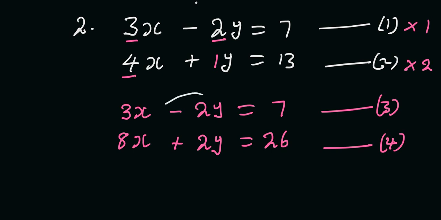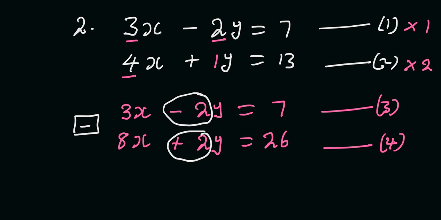But consider the sign of 2 in equation 3 and the sign of 2 in equation 4. So what sign are we going to place at this point such that both of them will be 0? If we place a negative sign here, negative 2y, negative plus 2y, that's going to give us negative 4y.